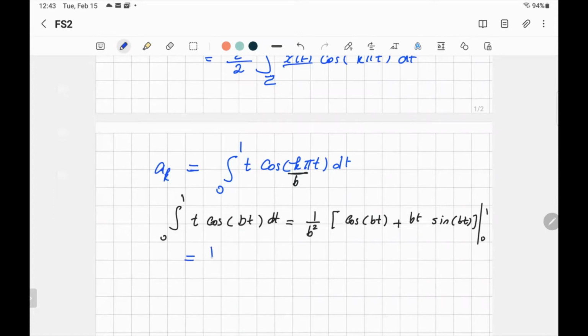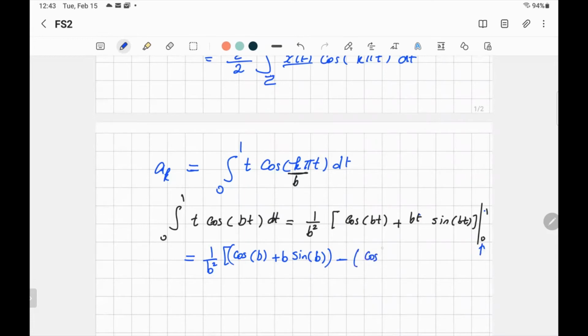So it'll be equal to 1 over b square, cosine b plus b sine b, putting t equal 1 here. That's the first one. Minus, I will now substitute 0.